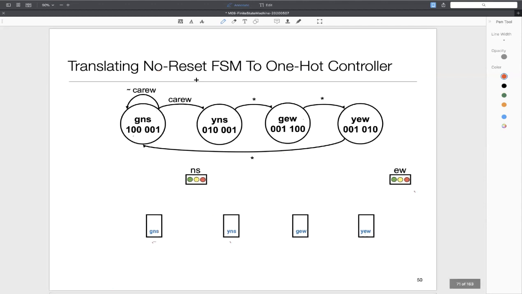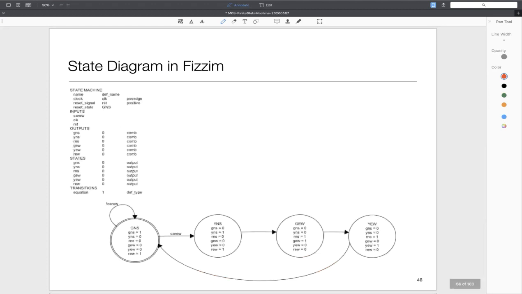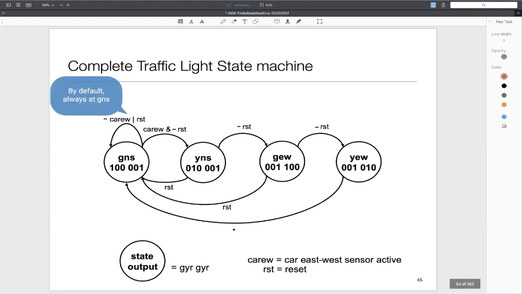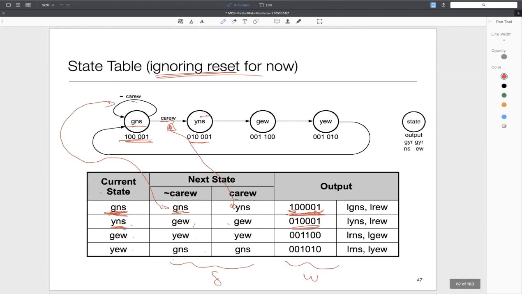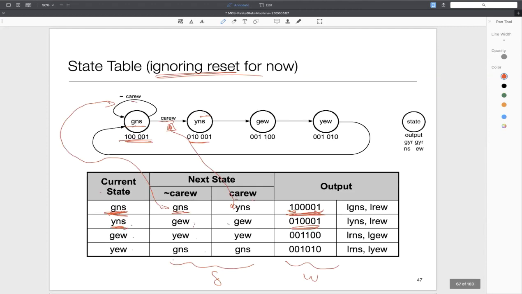Well, the state table that I showed here does not have reset either. It's also ignoring reset. With reset, I have the state diagram, but we never drew the state table. So the only table we have drawn is the one without reset. Okay.